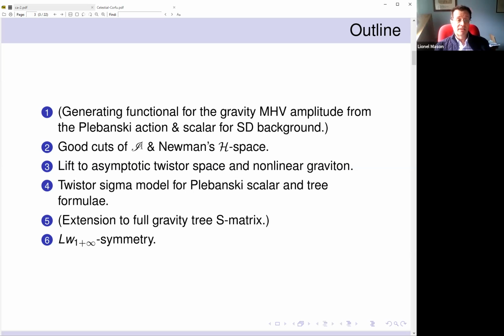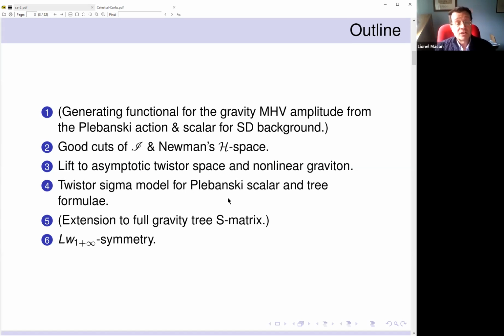And then, to emphasize the connection with null infinity, I want to explain how Newman's H space and good cuts of scri relate to the asymptotic twistor space and Penrose's nonlinear graviton construction. And then one of the new ingredients of what we do is to introduce a sigma model in this twistor space, which also relates closely to a sigma model that describes these good cuts of Newman.